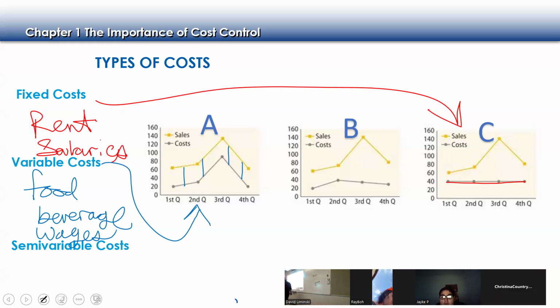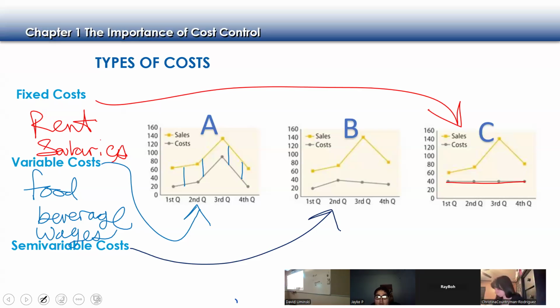And by process of elimination, semi-variable is B, okay? So as you can see, as our sales go up, so do our costs. As our sales come back down, our costs do as well, but not in the same proportion, okay?